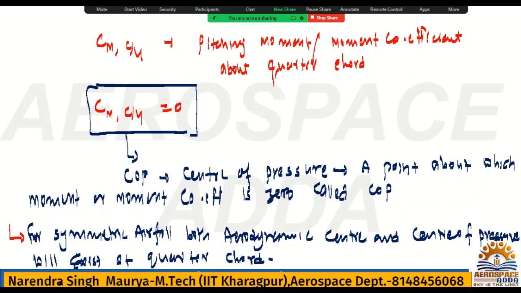Is that clear? Then what is the aerodynamic center? Aerodynamic center is the point where the moment, or moment coefficient, is constant, not depending on the angle of attack. All right. So again, aerodynamic center and center of pressure will be explained in the stability class. Don't bother about it. But here, what was important, I have explained to you.